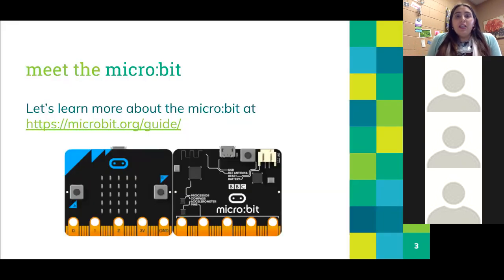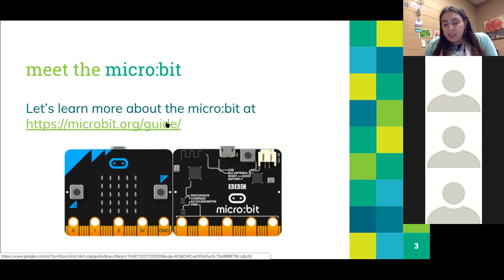So let's take a deeper dive, and I'm going to actually show you this device. I love Microbit's website, so we're going to take a departure from the slides for a little bit and go to the Microbit website to learn a little bit more about the microbit. To give you a little bit of history, the microbit is coming out of the UK.